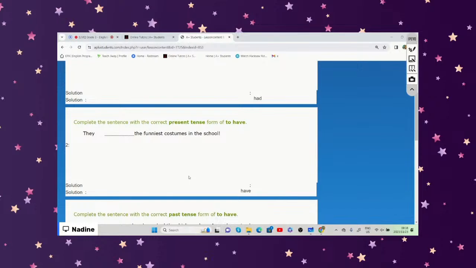We're referring to more than one person. Remember, if we use the word had, then had is in the past tense. So we need to say the correct word in the present tense.